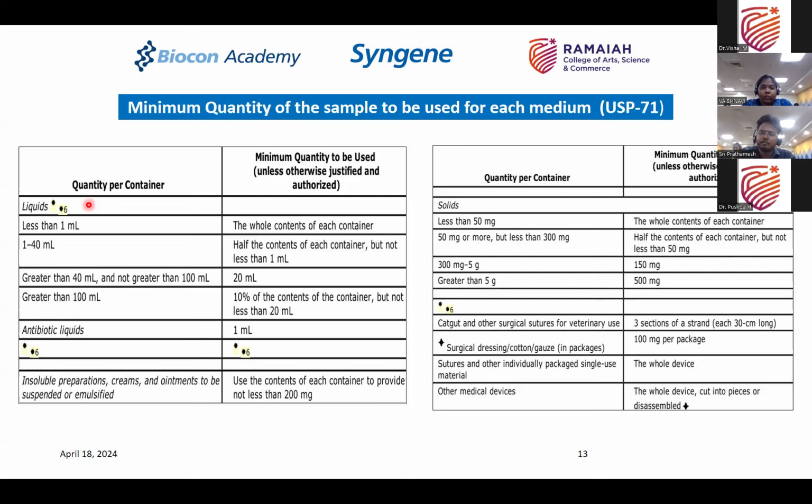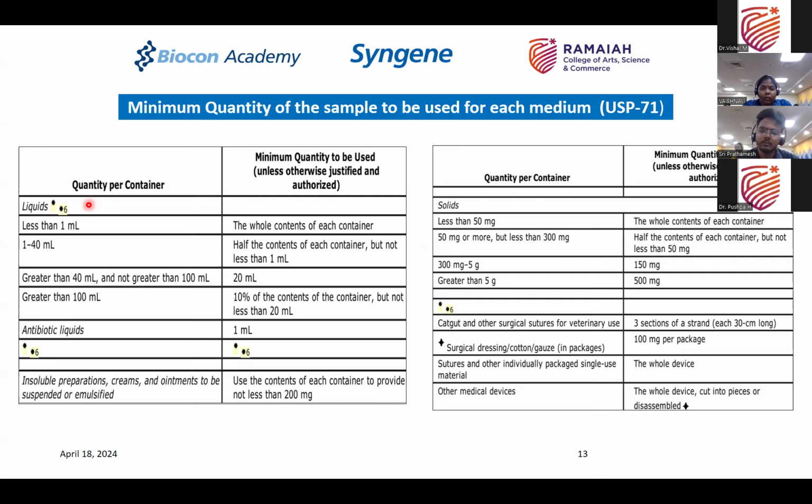I think you understood this. So the main aim of studying this particular table is, the previous table we studied was the number of samples out of that particular batch, whatever you have got, either injectables or powders or whatever it is, how many samples have to be collected for analysis.